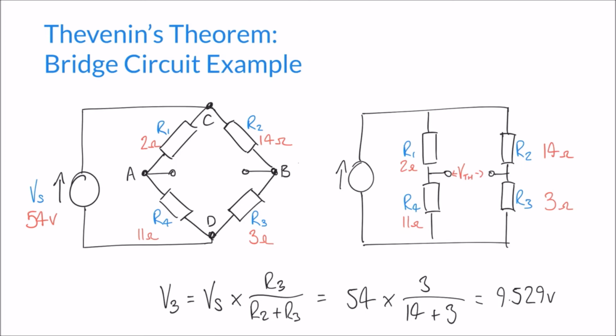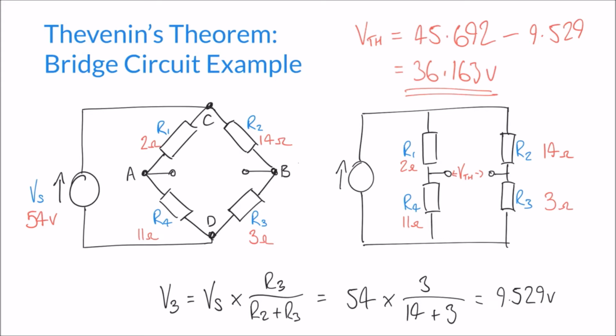So our Thevenin voltage VTH is going to be equal to the difference between 45.692 and 9.529. And that comes out with a result of 36.163 volts. So there's our Thevenin voltage across that gap between the two terminals.